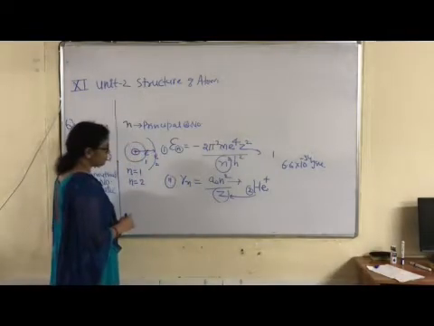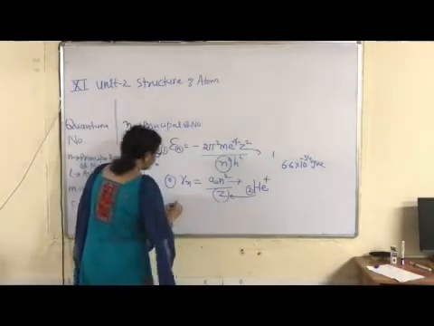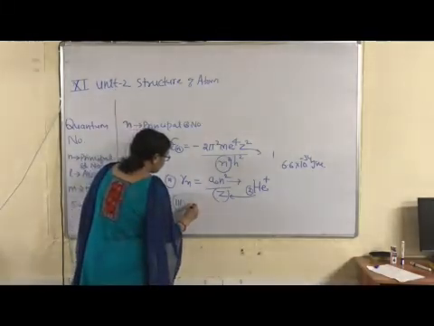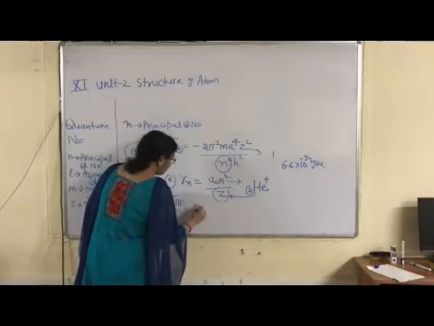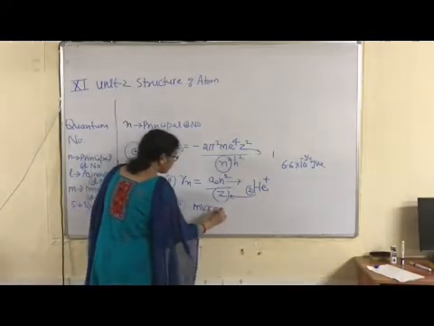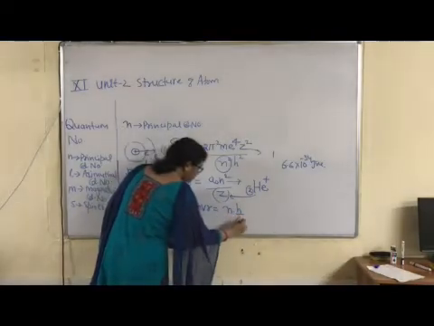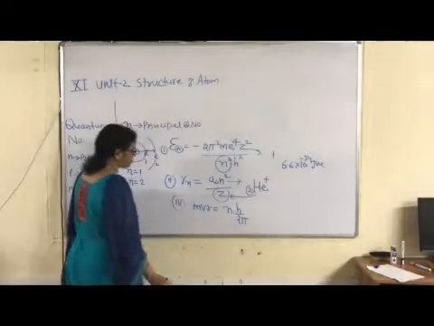Next one is angular momentum, the next postulate of Bohr theory. mvr is equal to n into h upon 2 pi.